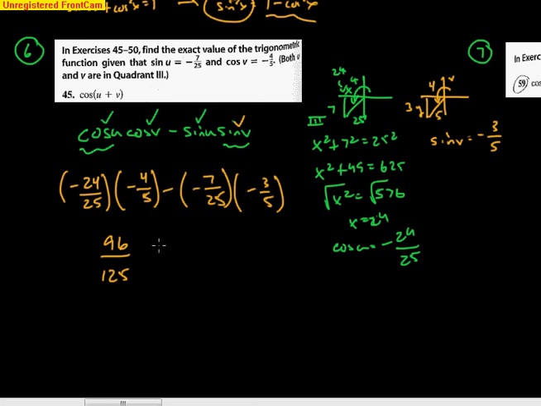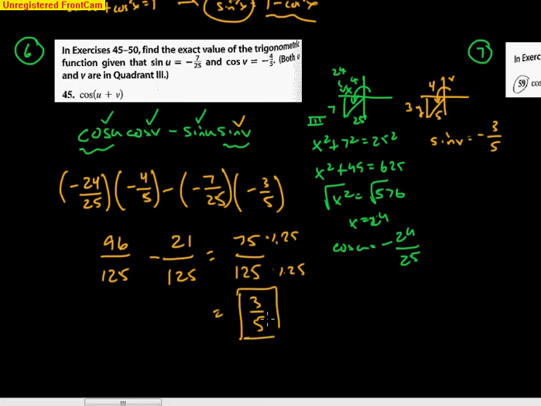Negative times negative times negative stays negative. 7 times 3 is 21 over 125, and we subtract. It's 96 minus 21 is 75 over 125. And now, oh happy day, it simplifies. Divide by 25, divide by 25. This is 3/5.